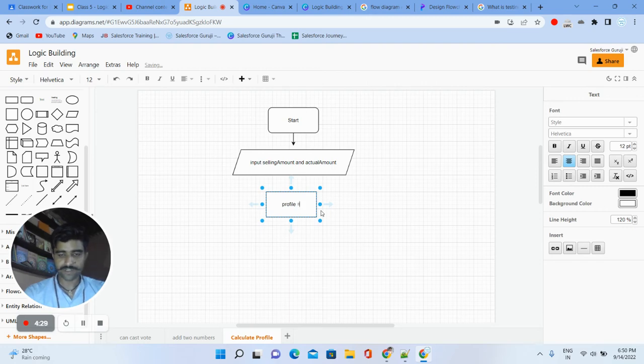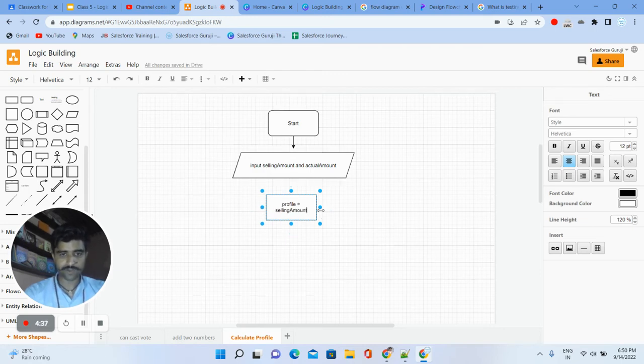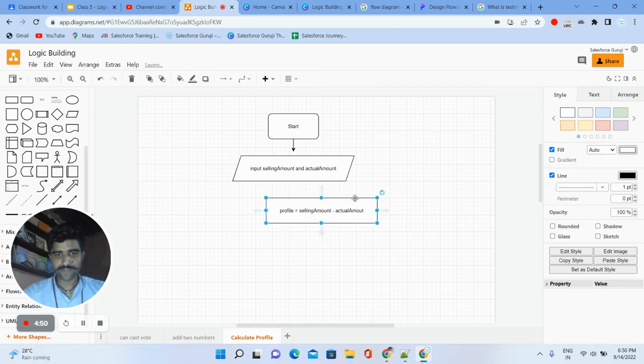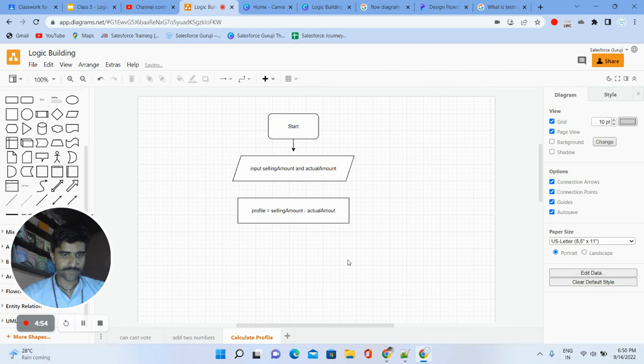Profit equal to selling amount minus actual amount. If we do this, then definitely we will get our profit.